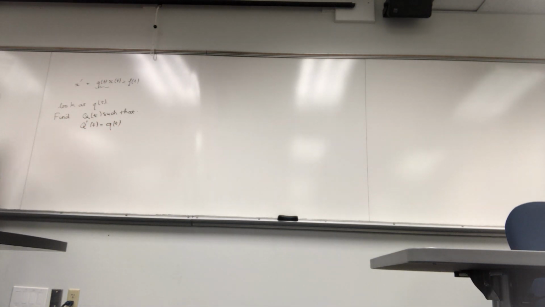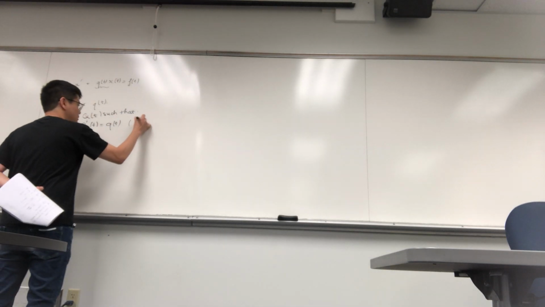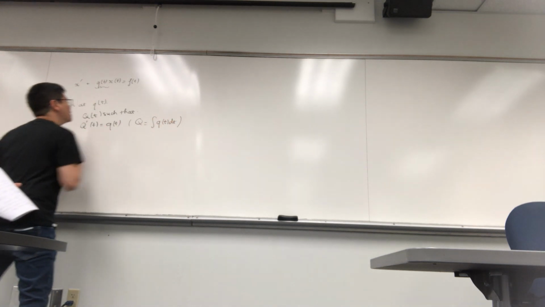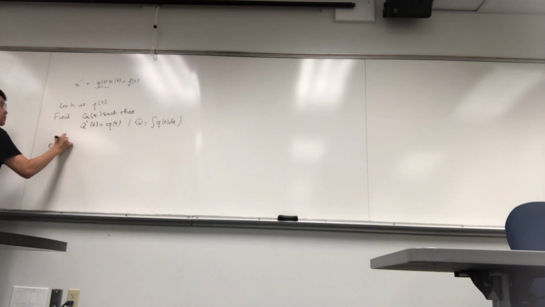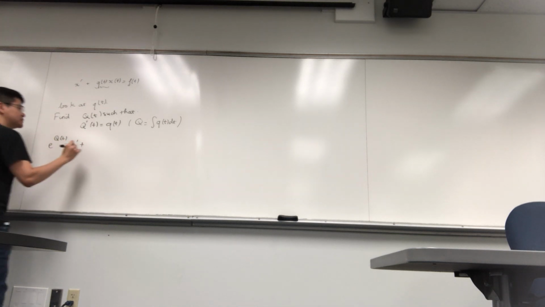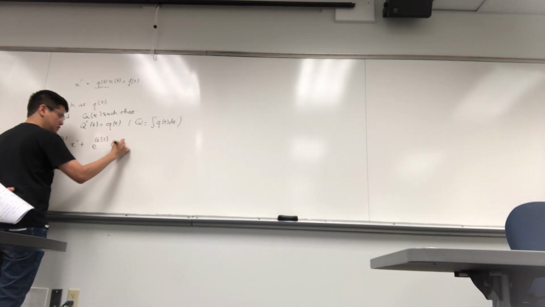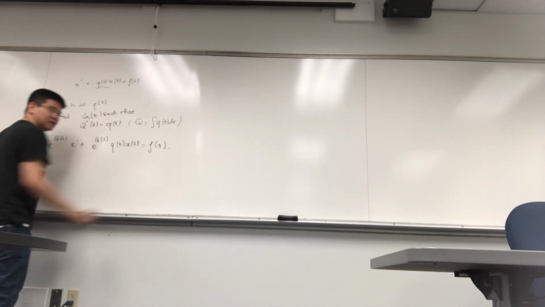So capital Q is the antiderivative of the little q. Now you multiply both sides by e to the Q: e^Q x prime plus e^Q q(t) x(t) is equal to f(t).